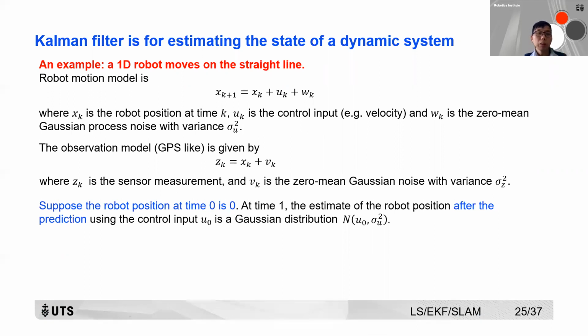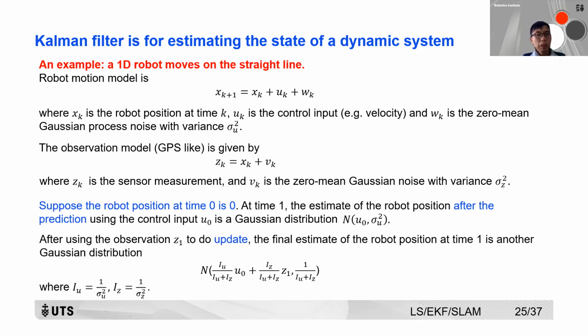So at time 0, the position is perfect, 0, and when the robot moves, we know roughly it moves u_0, and the uncertainty is given by this variance. So after the prediction, the robot position state follows a Gaussian distribution.